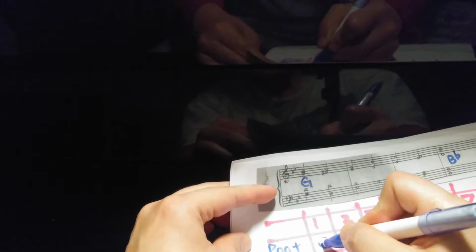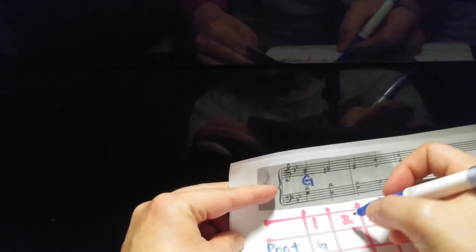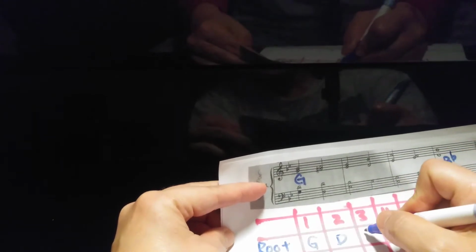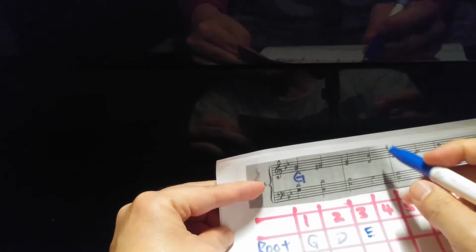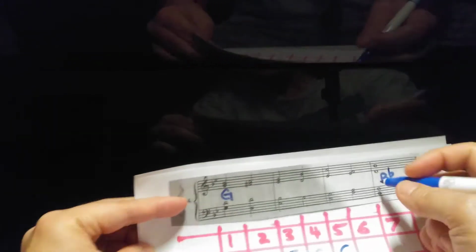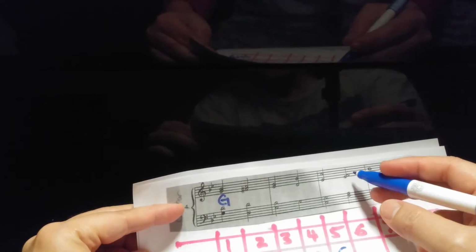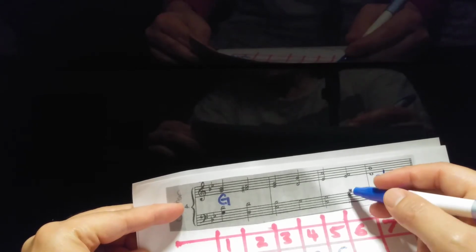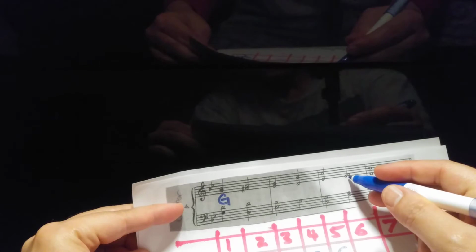Okay, so we know that the root here is G. This one rearranged is D, F, A, C, so the root is D. Rearranged, your root is E: E, G, B. Your root is G: G, B, D. Your root is C: C, E, G. And this one is F, A, and that's an E, right?